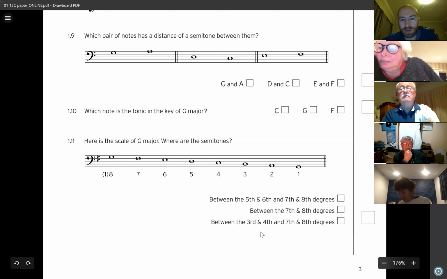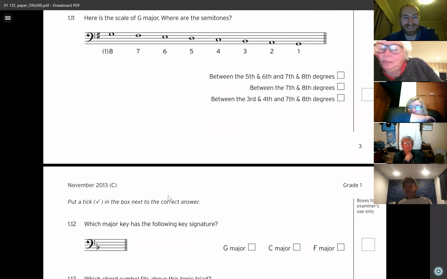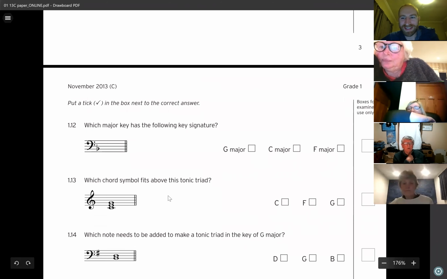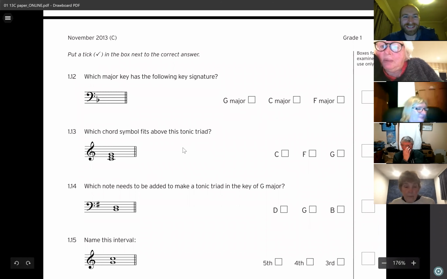So the semitones are between the 3rd and 4th and between the 7th and 8th. Hopefully if you've got all the handouts and PDFs, that one will be in there somewhere. Yeah, but it's trying to remember it all. I memorized that, but I didn't know what I memorized it for.